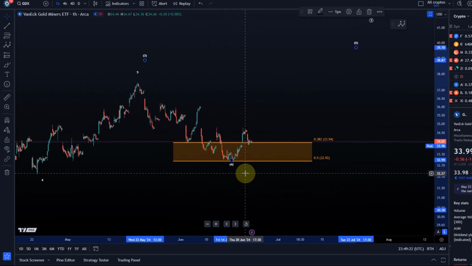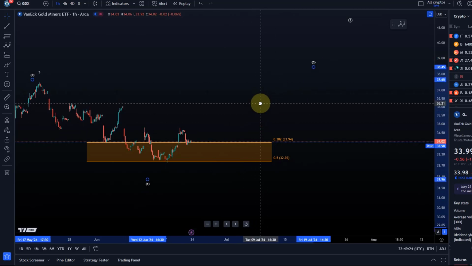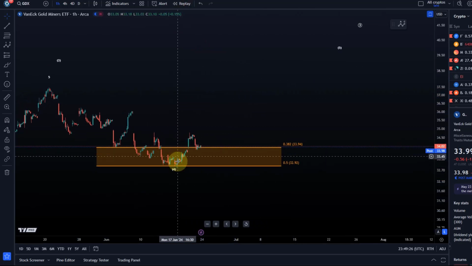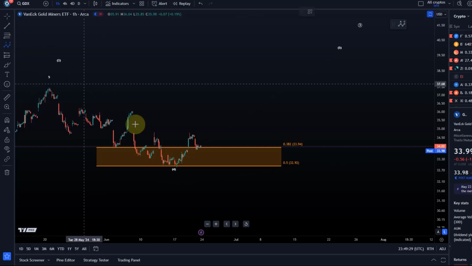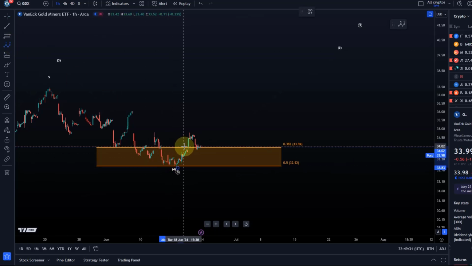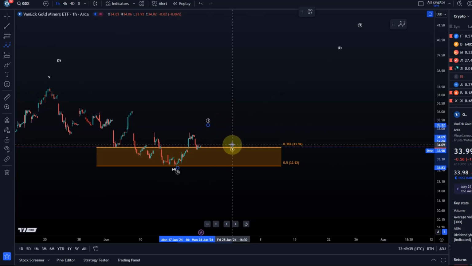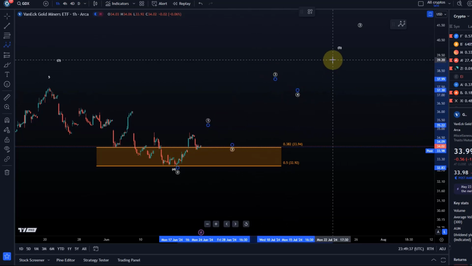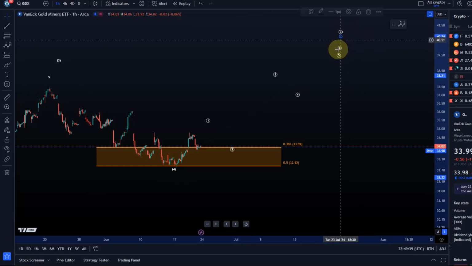We could see invalidation, because what I would really like to see now, if a fourth wave really bottomed here, is that this should get one more high ideally. Then we have 1, 2, and it could move up like that. I'm running out of wave degrees here.